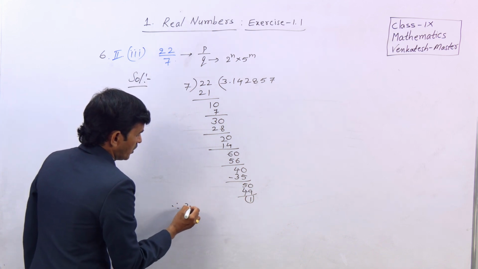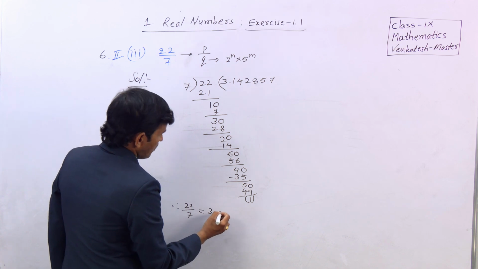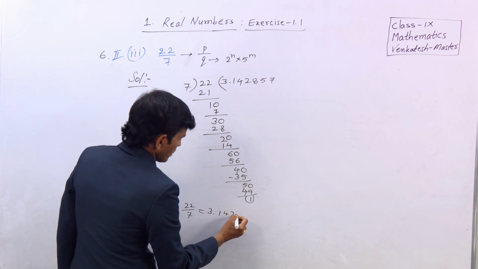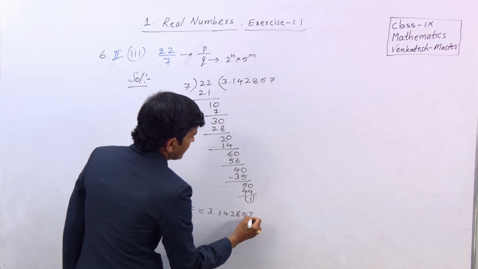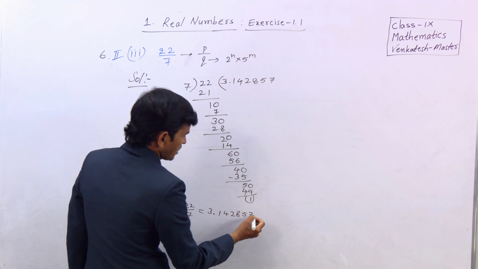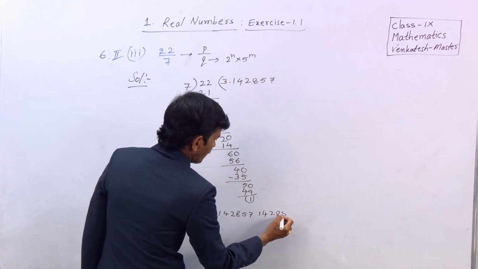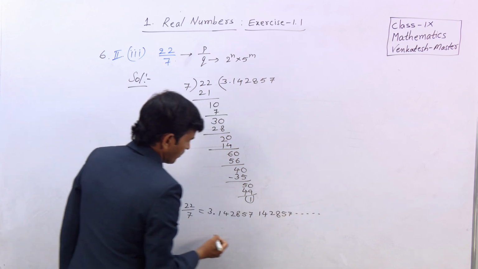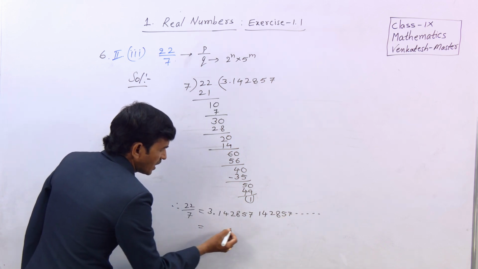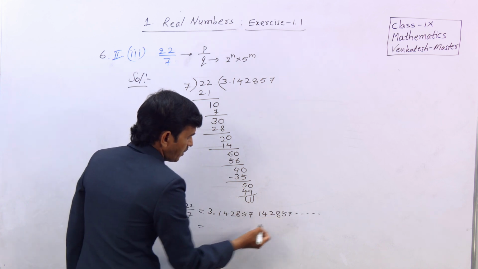So 22 by 7 can be written as 3.142857. What is the process? Again it is going to be repeated, same like 7 1 4 2 8 5 7 and so on. So what is the pattern repeating here? 1 4 2 8 5 7, 1 4 2 8 5 7.